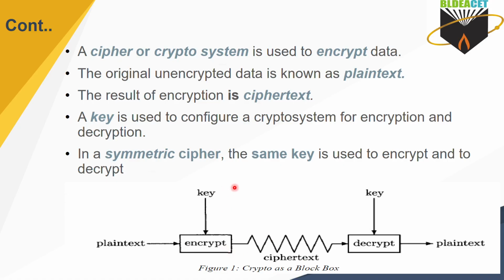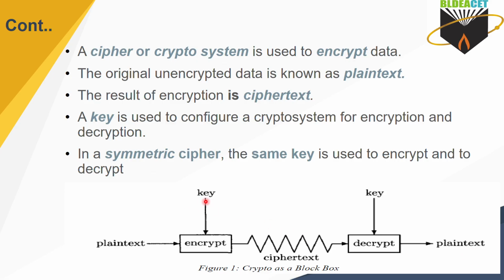This is from the sender side. Now you are transferring the ciphertext using the open network. At the receiver side, when the receiver receives that ciphertext, the receiver has to decrypt it to plain text using the key, and with the help of decryption, you will get the plain text here.